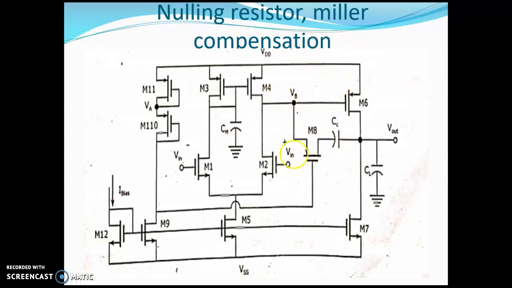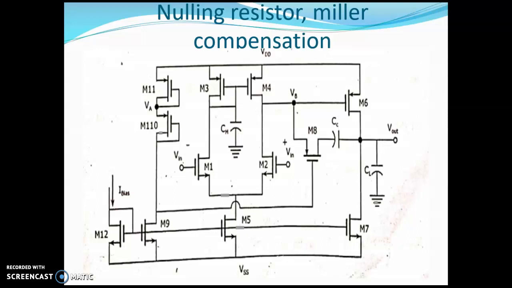This is because the gain bandwidth specification is large and the output transconductance stage is also large. Which means we can't neglect the right half plane zero. This is because of the greater bandwidth and the greater output transconductance stage.